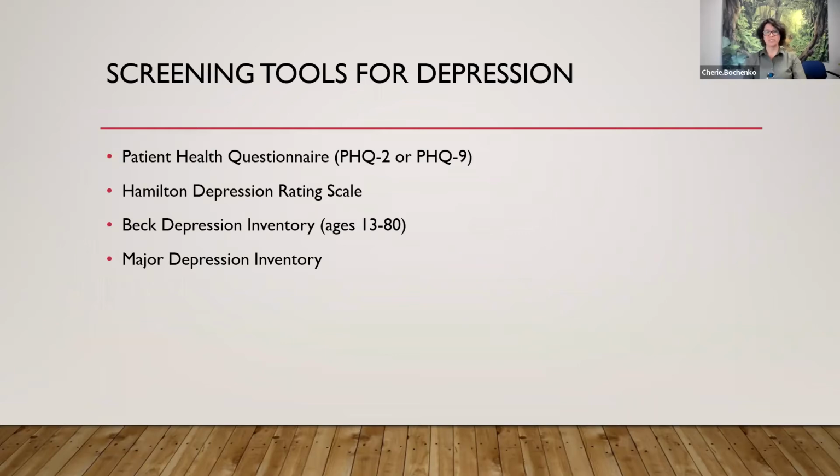Some screening tools. There are lots of screening tools for depression, for any mood disorder. In primary care, we can use the Patient Health Questionnaire, the PHQ-2, which is 2 questions, or the PHQ-9, which is 9. They're self-administered. They're really great tools. They don't really take very long for a patient to answer.